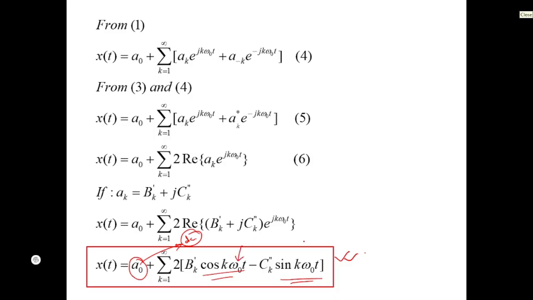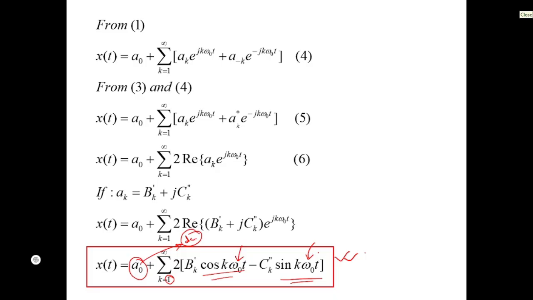However, these sinusoidal signals have frequency components associated with them. And if you look over here, omega 0, what is it? It is nothing but the fundamental frequency, when k is equal to 1. And in the summation, we have the harmonics of this fundamental frequency.